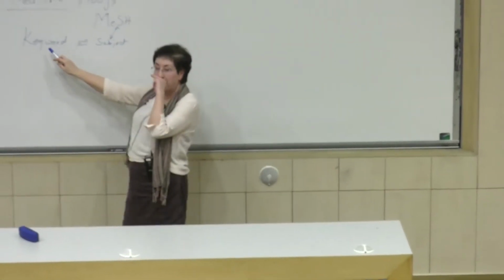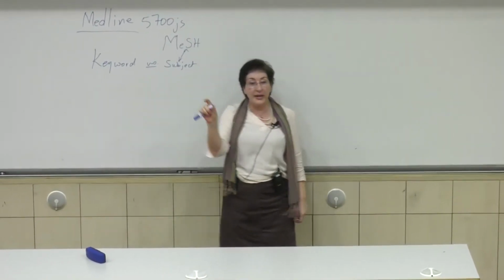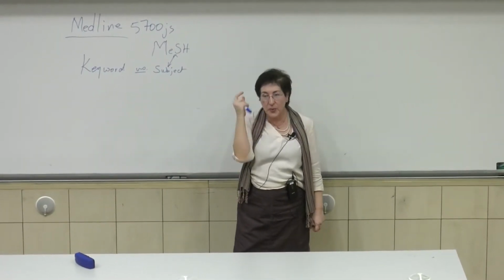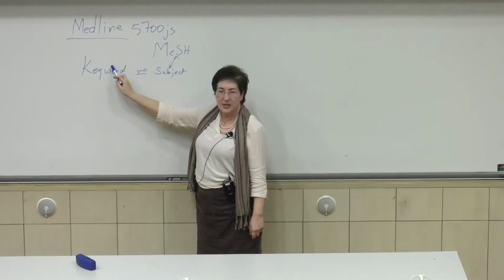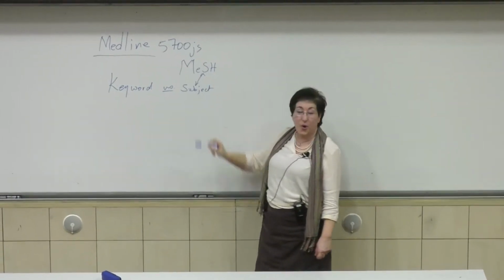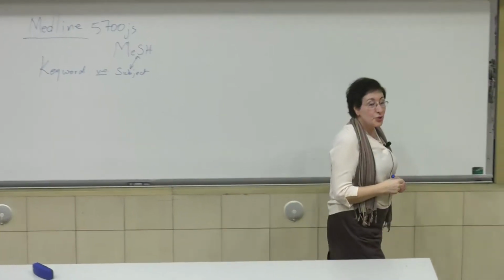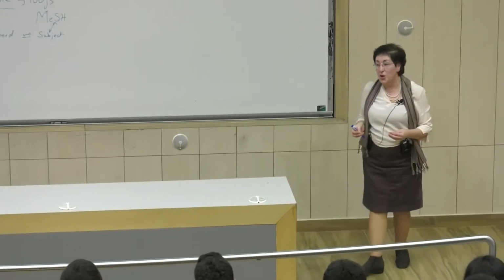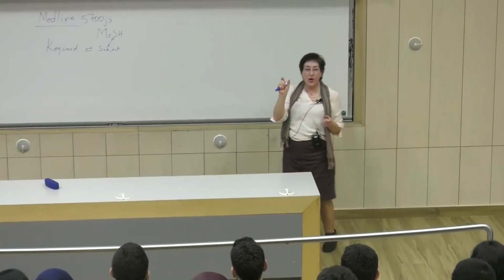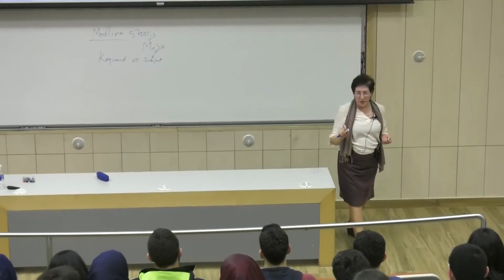This is a dumb keyword search. It only looks for the occurrence of the word without intelligent searching. And with the subject or MeSH, I get articles talking about AIDS. Is it clear? Now, Google, does it have a MeSH? Does it have people that read the document and index them under these? No, it just looks for the occurrence of the word.